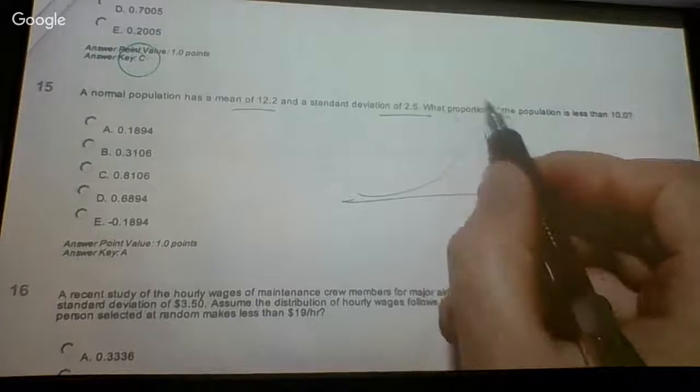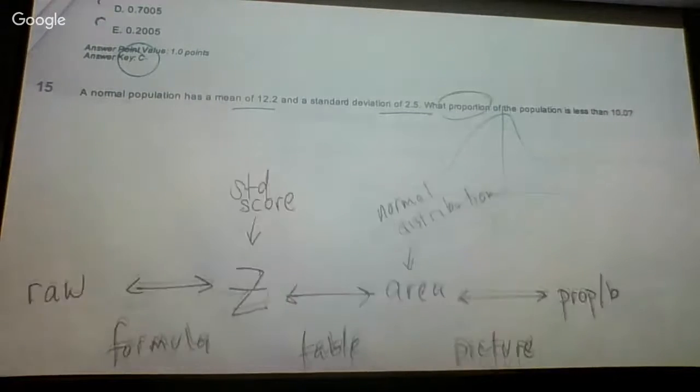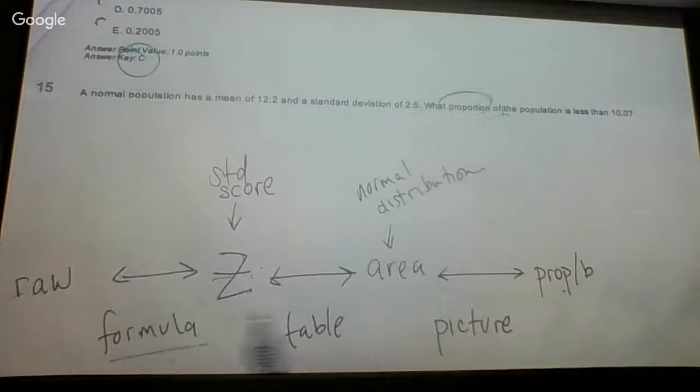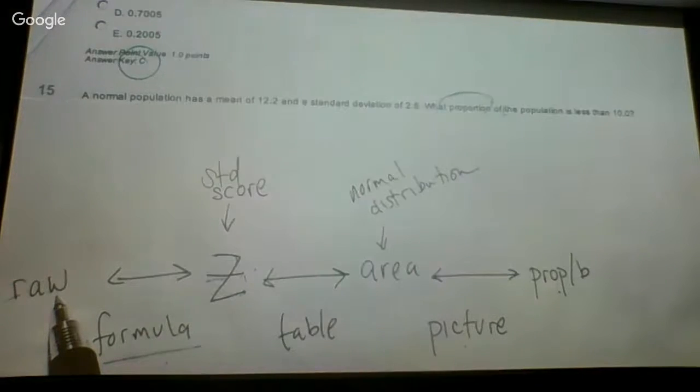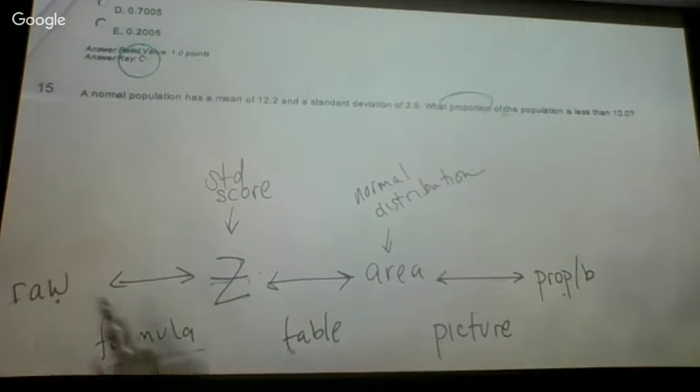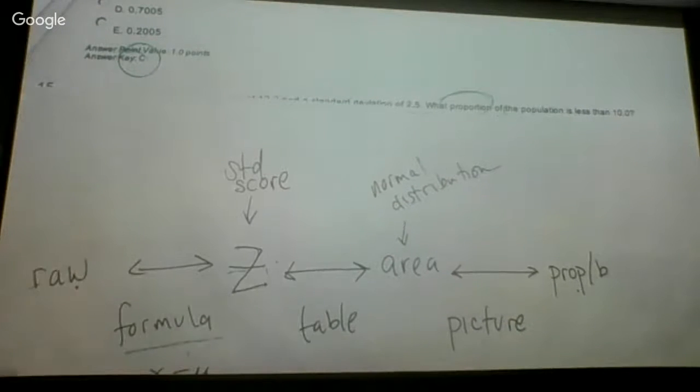I need to know what proportion. So my destination is going to be proportion. I better be given some sort of raw score. Am I given a raw score in this problem for the question part? What raw score am I going to use for the question part? 10. Very good. So I need to convert that 10 into a z-score.